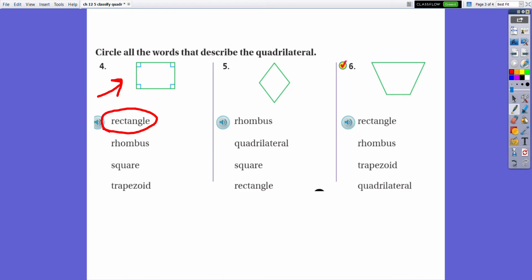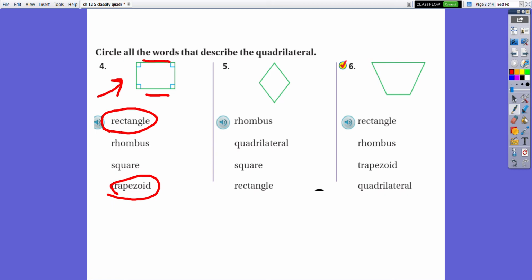Okay, can I say this is a square? No, it doesn't have four sides equal length. Is this a trapezoid? Yes, I can say this is a trapezoid because it has one pair of parallel sides. And there is another, but as long as it's matching one property of a trapezoid, we're going to go over it.